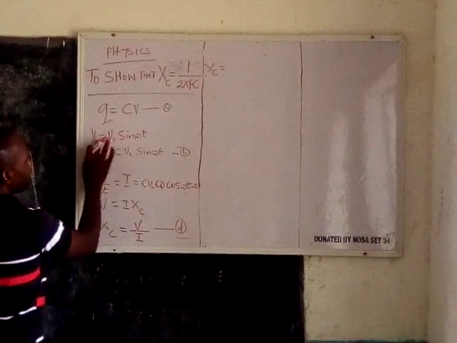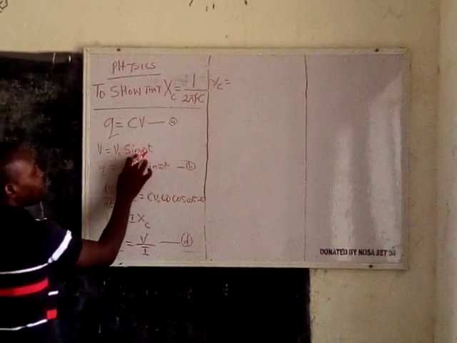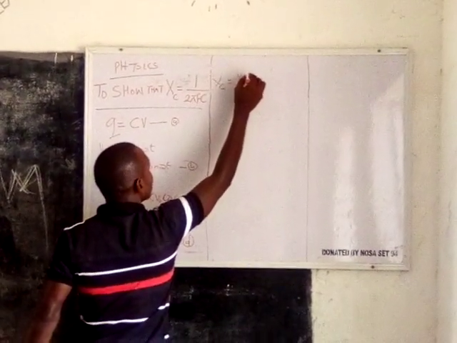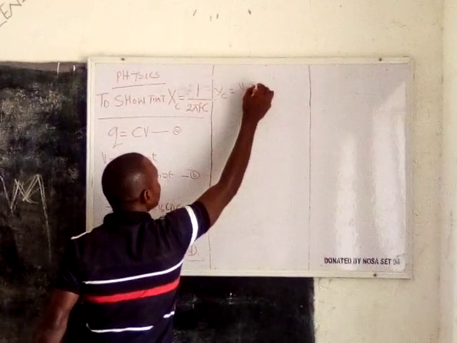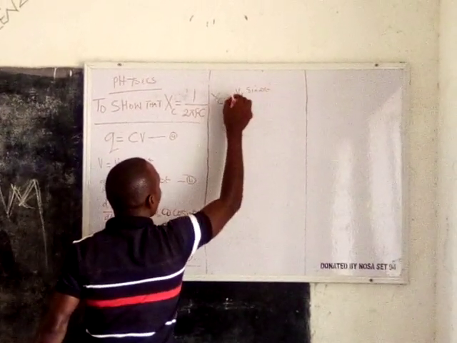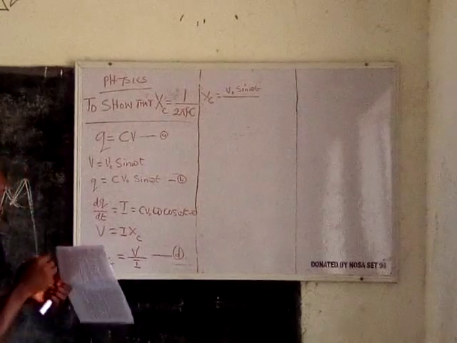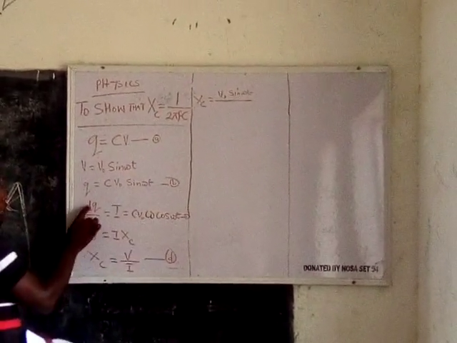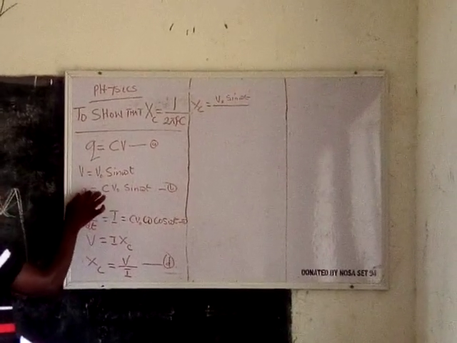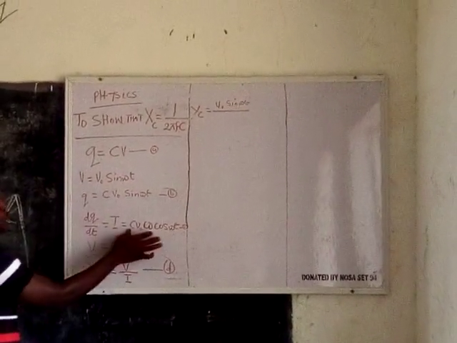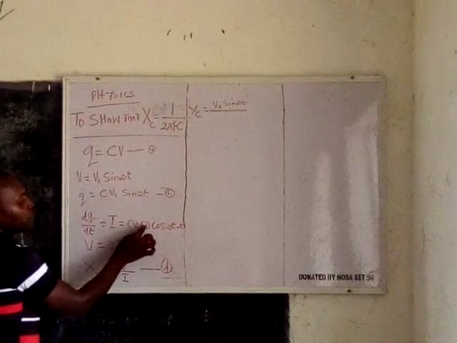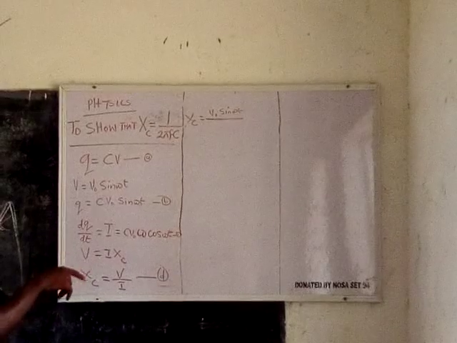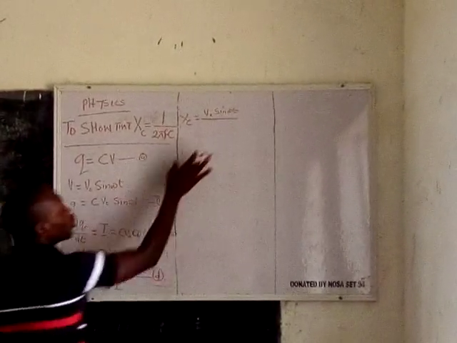now look at it. We have V, which is equal to V naught sine omega t, which we put in the place of V, all divided by the current. The differential of Q with respect to time gives you C V naught omega cos omega t, so we substitute that down here.